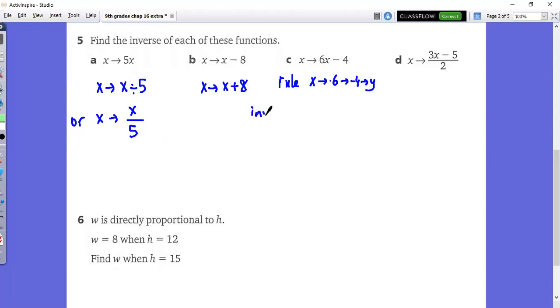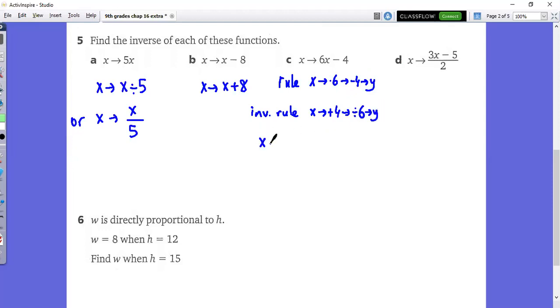So in the inverse rule, we should start from backwards, not from here. So we won't subtract 4, we will add 4. We will not multiply by 6, we'll divide by 6. So we'll generate y coordinate.